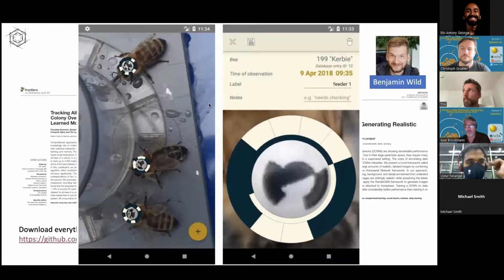So there are two software components. One is detecting dances. I think the new version could be improved to differentiate between nectar and pollen dances. And then there's the tracking system, which runs at a much lower frame rate.